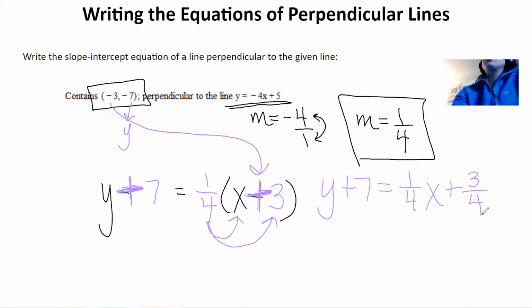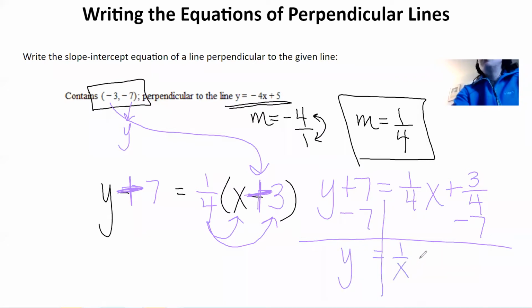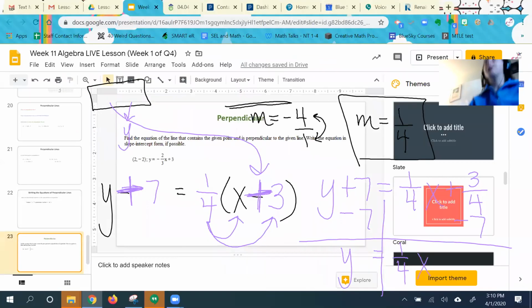And then we're going to subtract that 7 from both sides to get y by itself. And here's where we might be like, ugh, oops, I wrote that wrong. 1/4 x. So 3/4 minus 7. Remember, you do need common denominators in order to subtract.